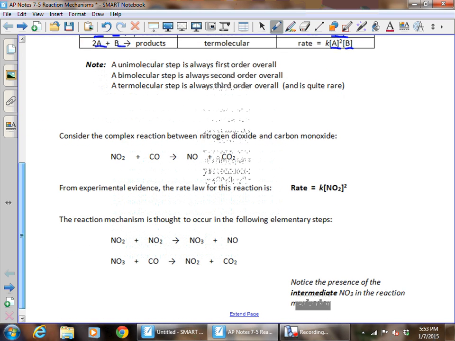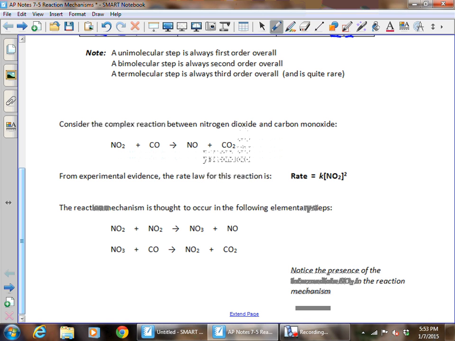So let's look at a complex reaction between nitrogen dioxide and carbon monoxide. In this reaction, those two react and form nitrogen monoxide and carbon dioxide. From experimental evidence, we know that the rate is equal to k times NO2 squared, that evidently carbon monoxide is zero order, and the reaction is second order with respect to NO2.